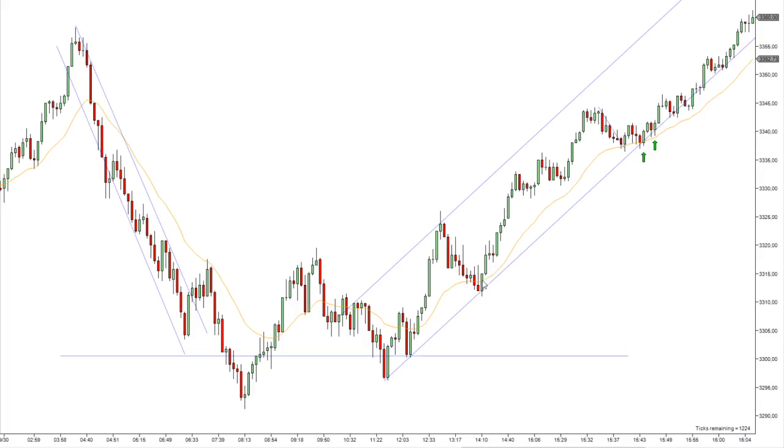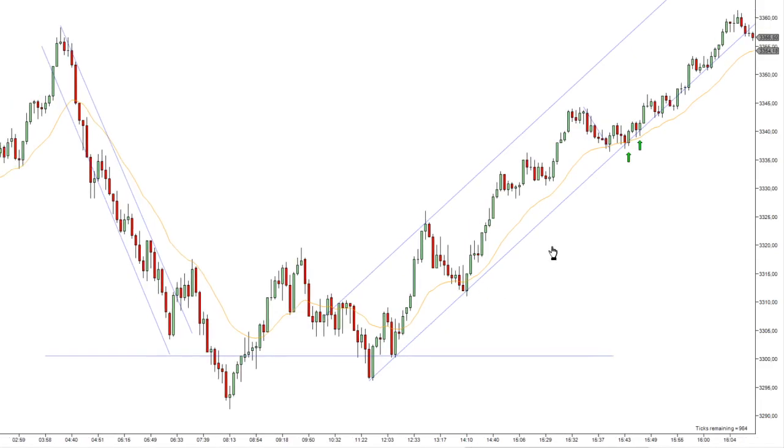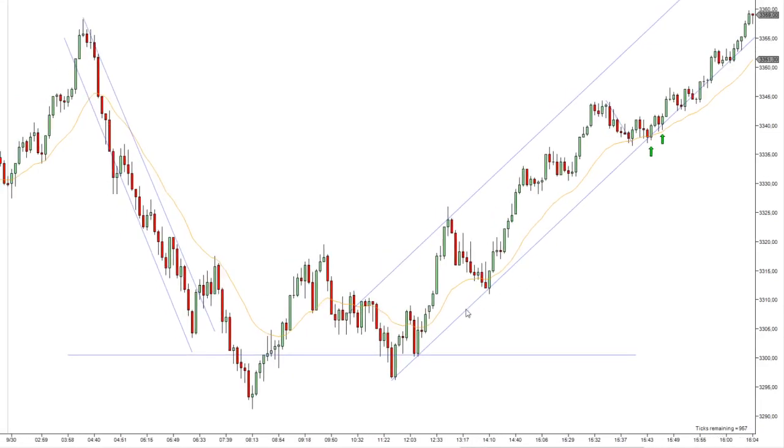When you're working up in an uptrend, you obviously want to see bullish signal bars, and when you're working in a downtrend, you want to see bearish signal bars. In this case, we're looking to go higher, we're looking to buy. So when the prices make their way to the trend line, this bullish bar basically signalizes that the prices bounced off the trend line and we should enter here.